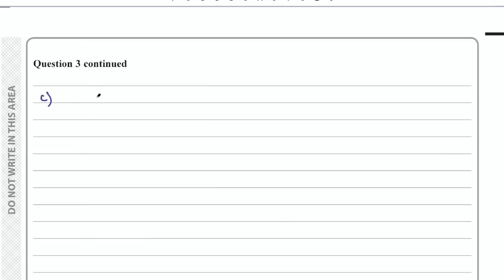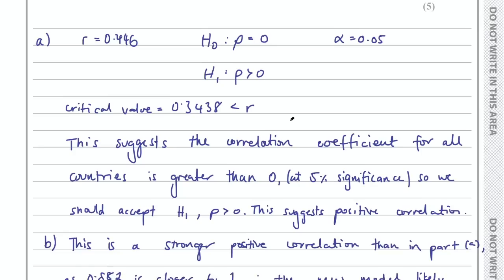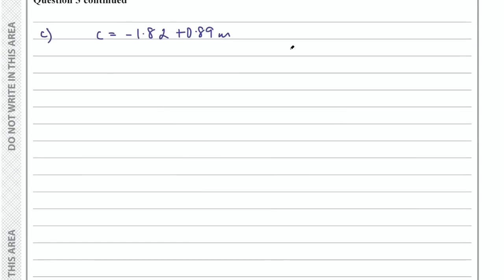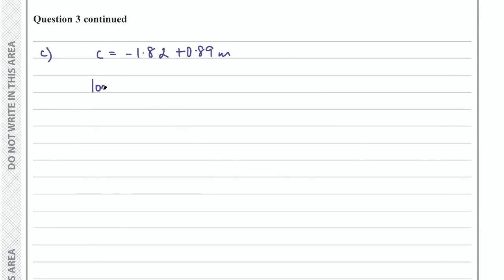We start with c equals negative 1.82 plus 0.89m, and we also said in the question that m equals log x and c equals log y, so plugging those in, we have log y equals negative 1.82 plus 0.89 log x, and now I want everything in terms of log base 10 to get rid of the logs.